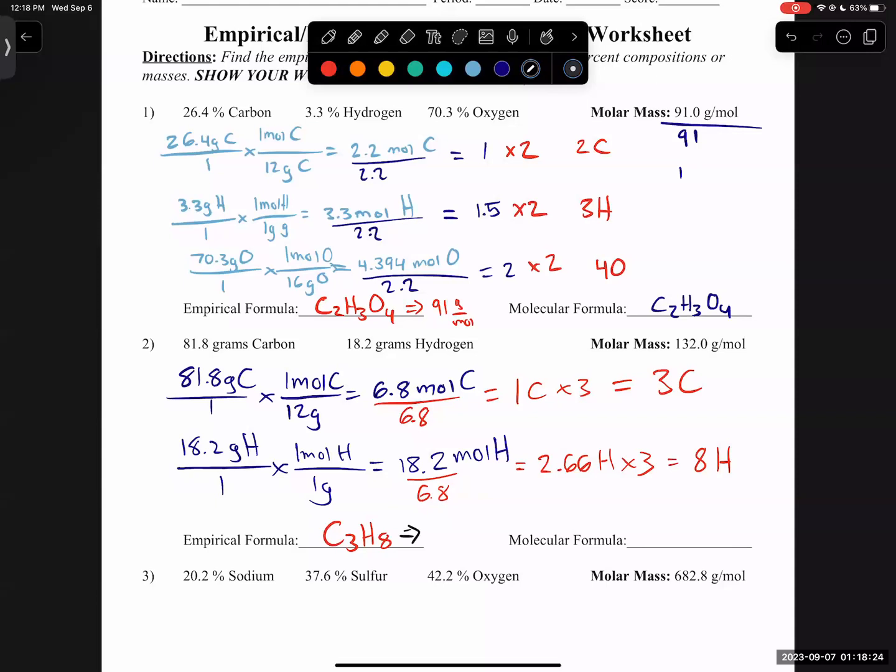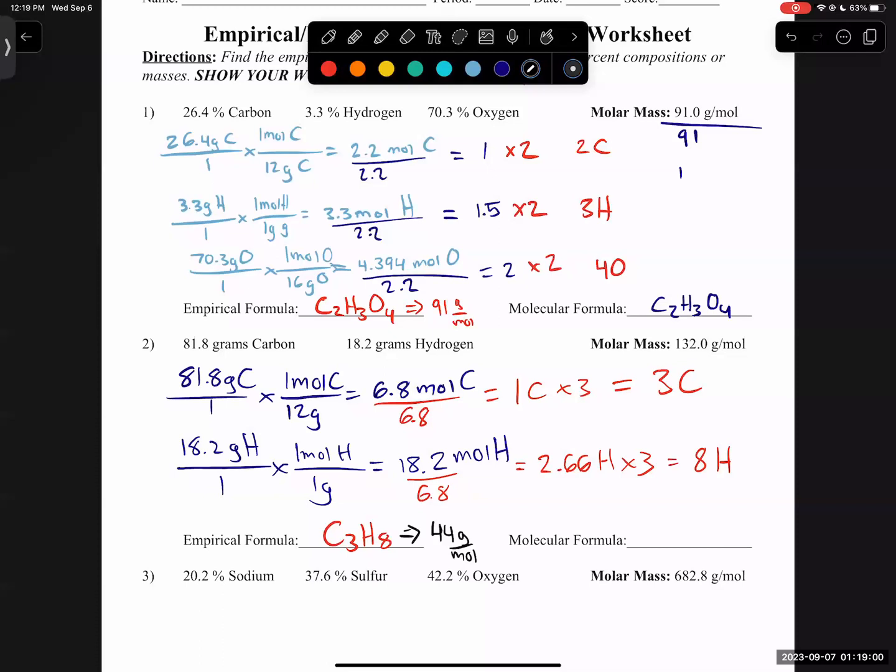Okay, so what is the molar mass of the empirical formula? 44. Yeah, 44. And again, we're getting all this stuff from the periodic table. So now what do we do? Because we want to find the molecular formula. Divide the molar mass of the molecular formula, which is 132, by the molar mass of the empirical formula, right?